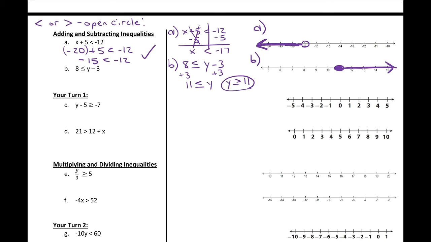All right, so let's go over your turn C and D. We have y minus 5 is greater than or equal to negative 7. We're going to add 5 to both sides of our equation, or inequality, which gives us y is greater than or equal to negative 2. So put a closed circle at negative 2 and shade to the right.